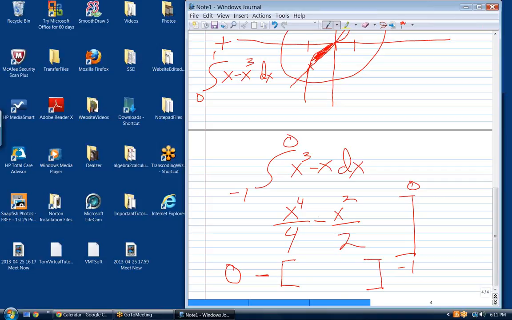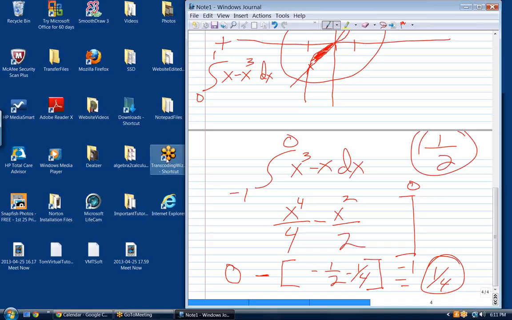If I plug in -1 for x, I get 1/4 minus 1/2, which is a negative 1/4, which becomes positive, multiplied by 2, there's our area. Okay, cool.